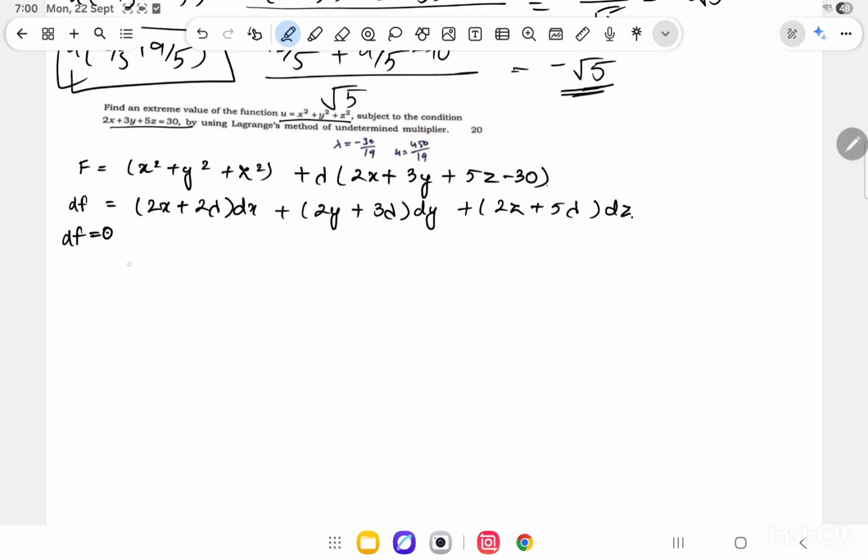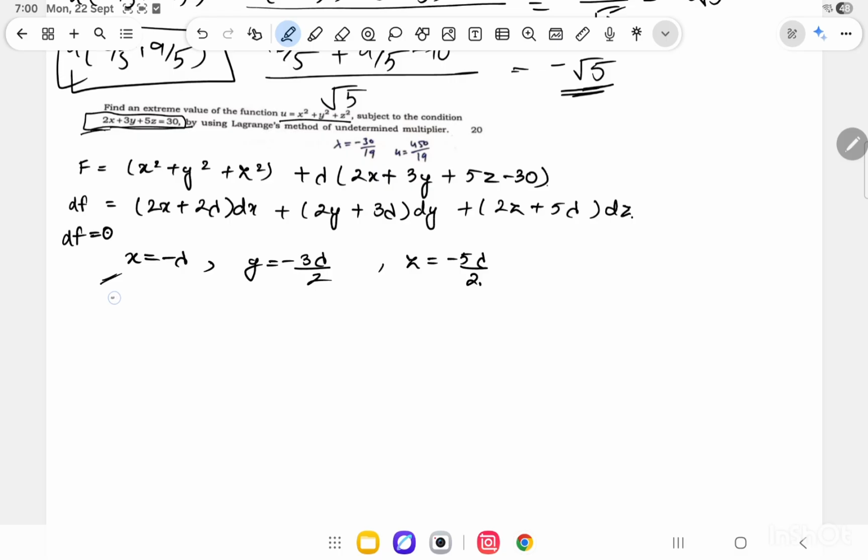So that gives me x equals minus lambda, y equals minus 3 lambda by 2, and z equals minus 5 lambda by 2. We already have a relation between x, y and z, so we can substitute these parametric values of x, y and z to get the value of lambda.